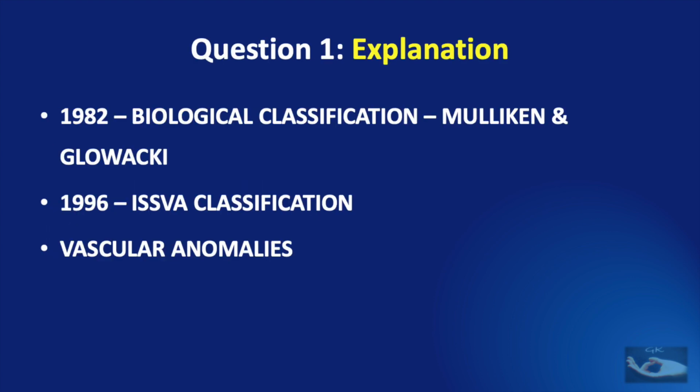Vascular anomalies were first classified as the biological classification given by Mulliken and Glowacki in 1982. In 1996, under the ISSVA classification, vascular anomalies were classified as tumors or malformations.